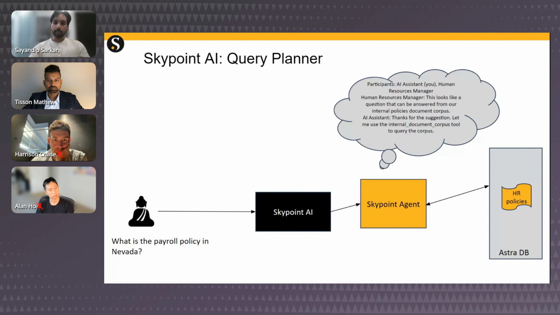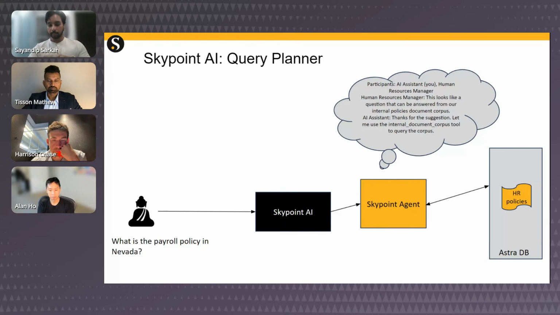And how we basically use this entire query planning is we seed the agent with instructions and certain formatting instructions that this is how you should think when you get a question, and these are the steps that you should take before coming to a final answer. So that is how we currently do query planning in production.